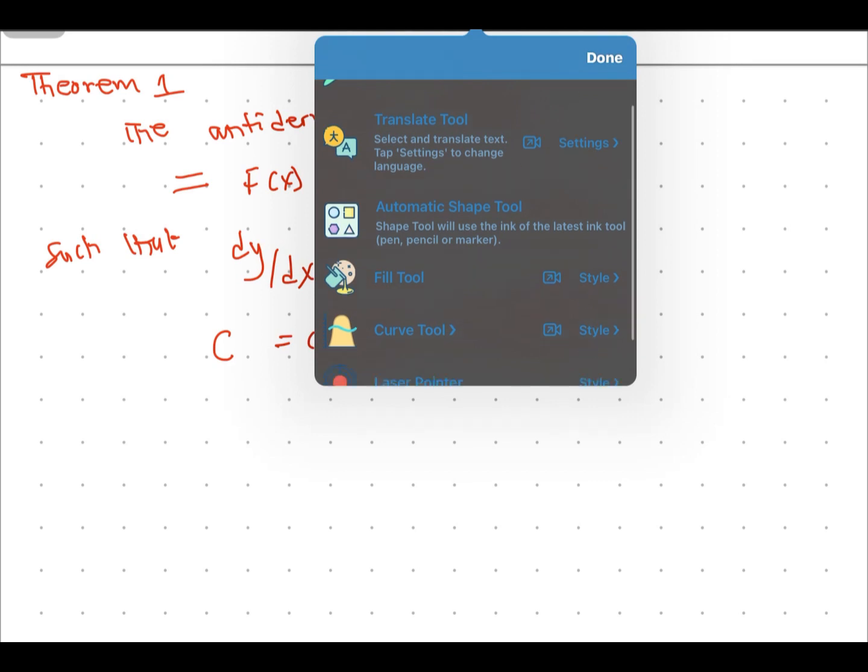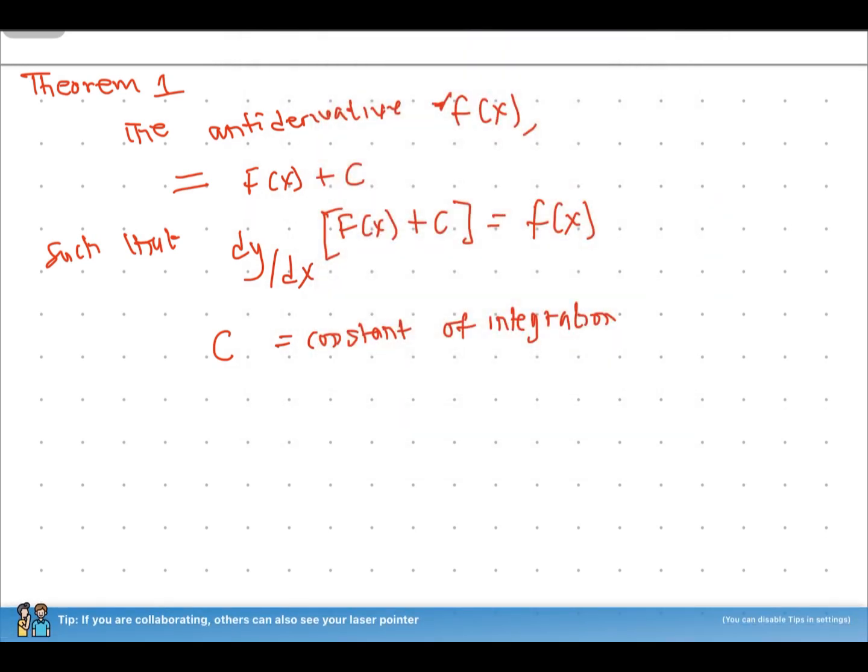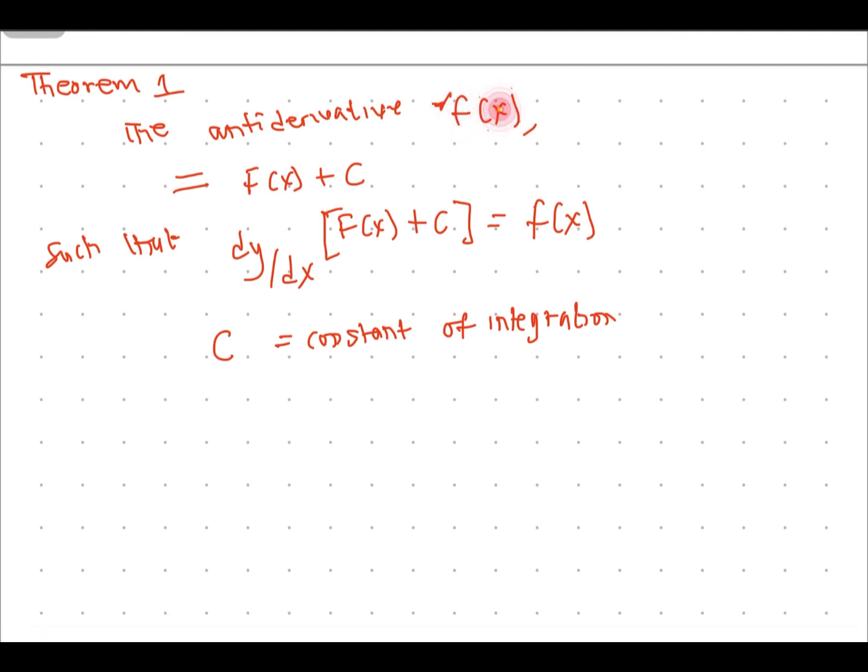That is, if the integration of this function here is equal to the function F of x plus c, therefore the dy dx, which is the differentiation of this function here, is equal to f of x.